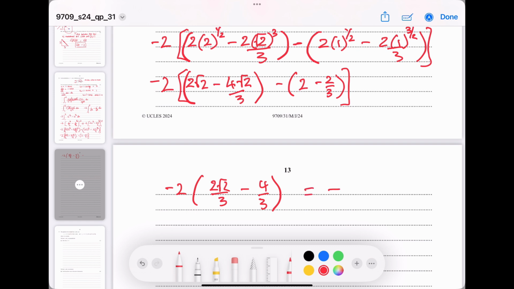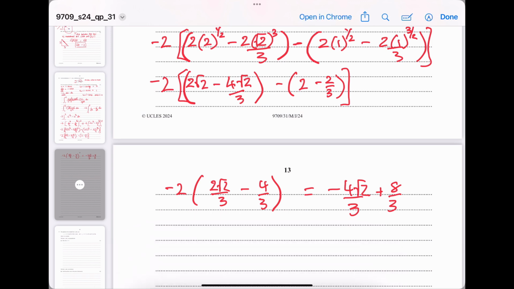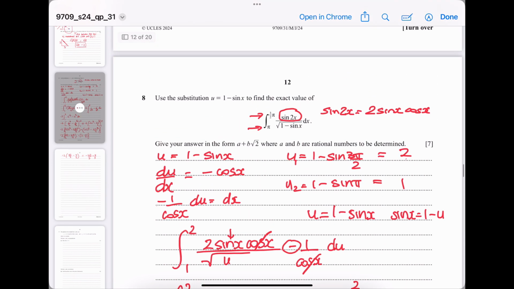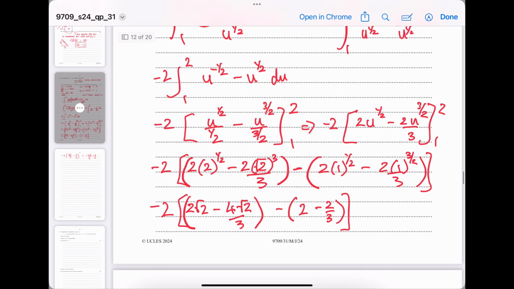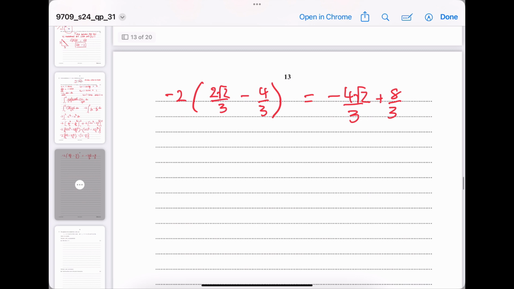So that gives us minus 4 root 2 over 3 plus 8 over 3. Let's just double check. A plus b root 2, where a and b are rational numbers. So we have that there.